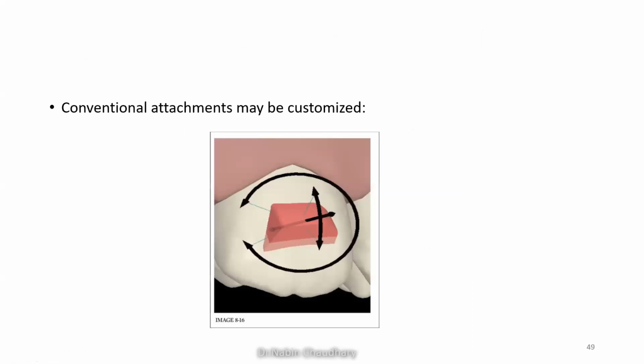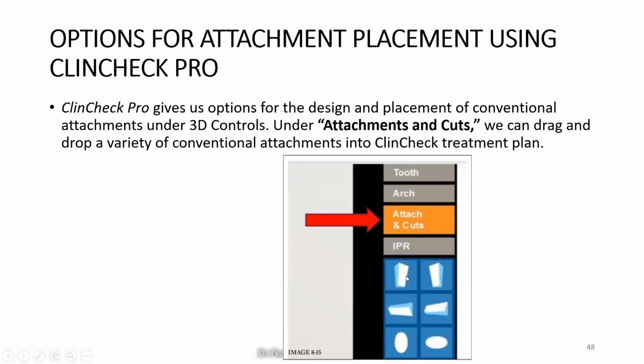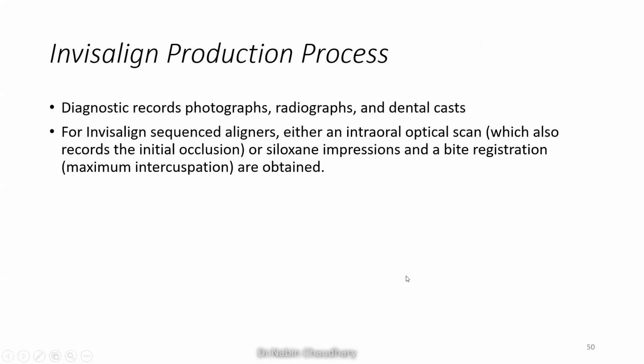And we can also reorient the attachment in different directions. We can perform clockwise or counterclockwise rotation, and we can perform gingival, occlusal, mesial or distal movement of the attachment after dragging the attachment onto the tooth surface.